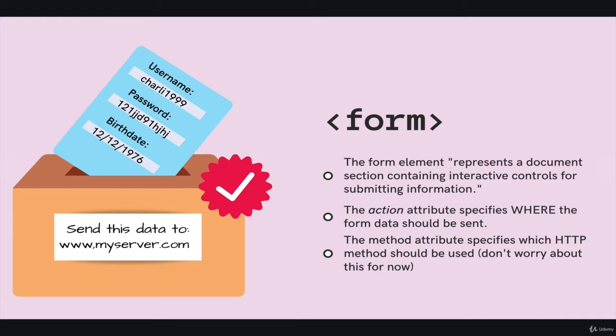So we can specify, send this data from the form to my server, or send it to, I'll show you a demo. We could send data to Reddit's server if we wanted to. We can send data, I won't say wherever, but we have a lot of flexibility. And that form element, the parent form element we define that we wrap around everything else, is where we specify how the data should be sent and where.